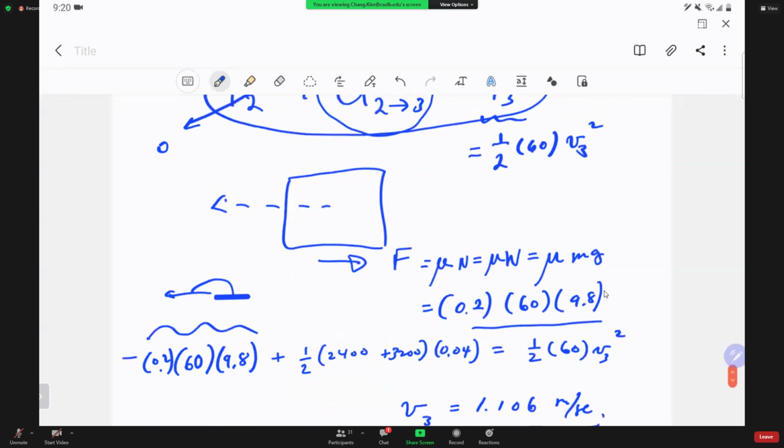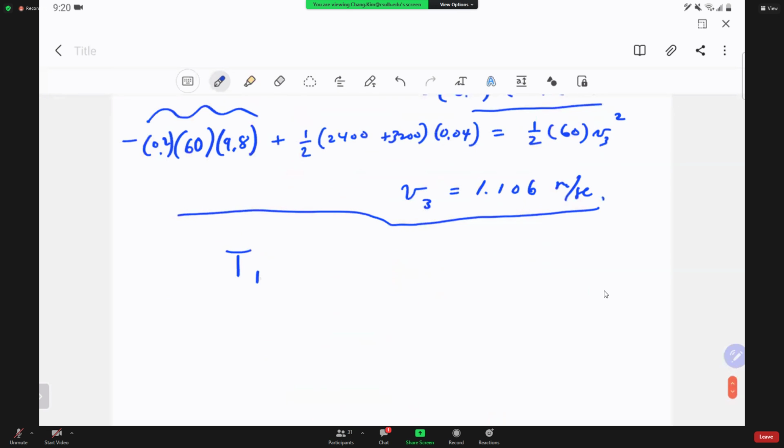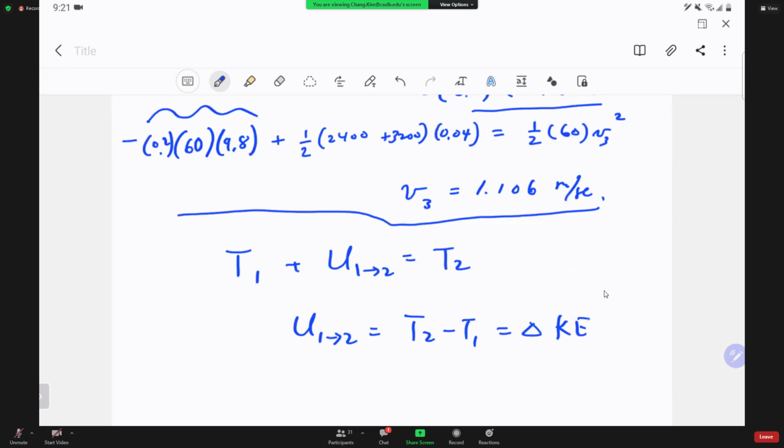Okay, so basically the first 3 exercises here are just to tell you to take a look at the concept between T1 plus U12 equal to T2. So basically T2 minus T1 is the change in kinetic energy. If you input some energy or work done into the dynamic system, there will be some disturbance in your dynamic system.